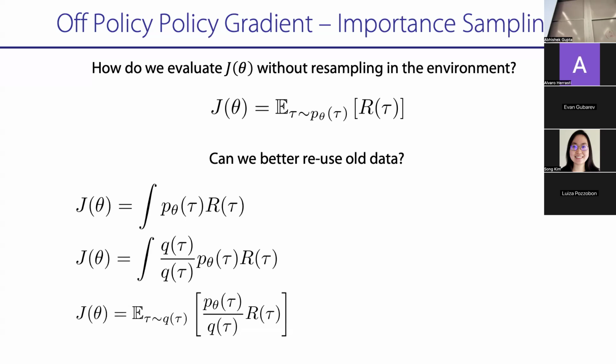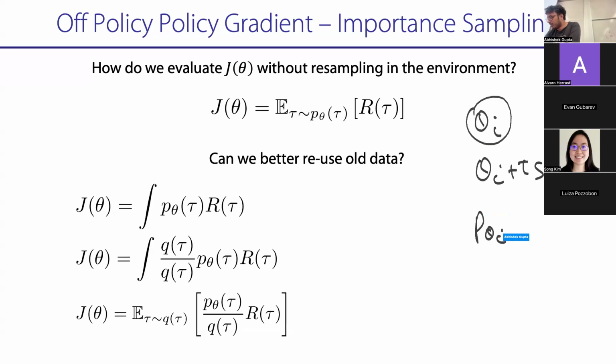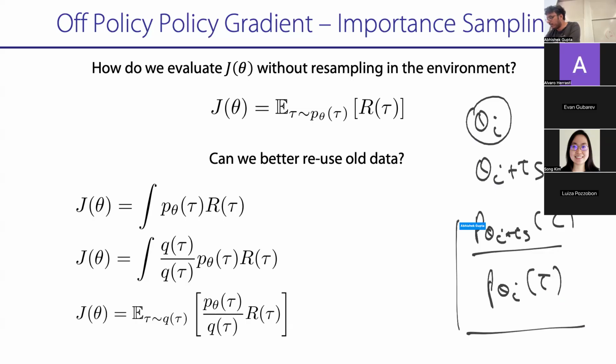And so the way it's going to fit into our picture here is that I'm not going to have samples from every theta that I'm going to evaluate, right? So let's say my theta I was my previous iterate. So I have samples from theta I, but now I made an update to theta I, right? Now I don't have samples from theta I plus ts. I only have samples from theta I, right? So if I can compute p theta I plus ts of trajectory divided by p theta I of trajectory, then I have the importance sampling ratio needed to evaluate my policy, right?